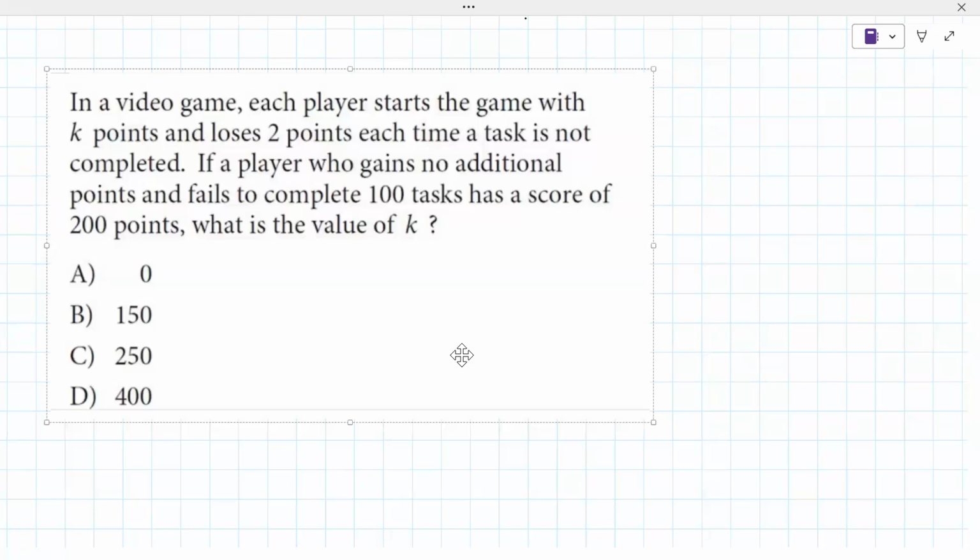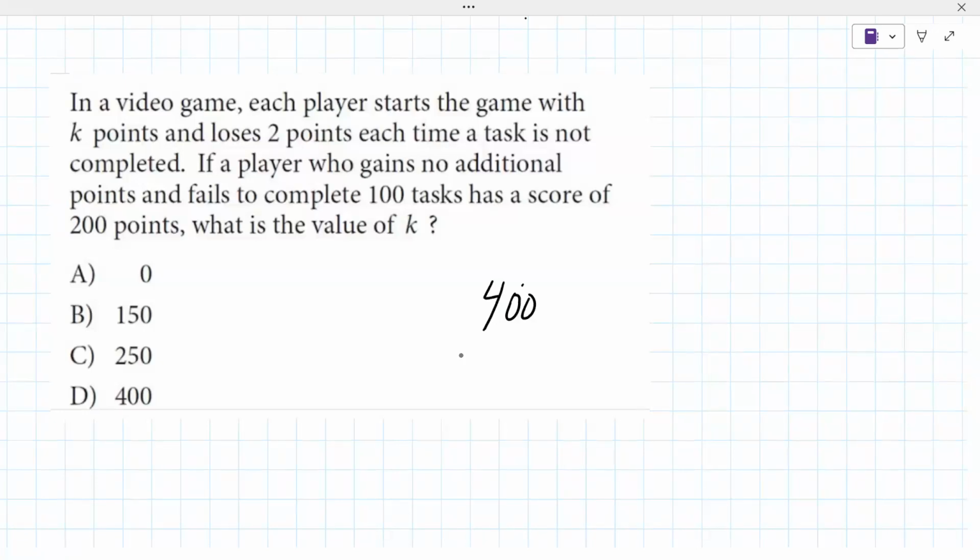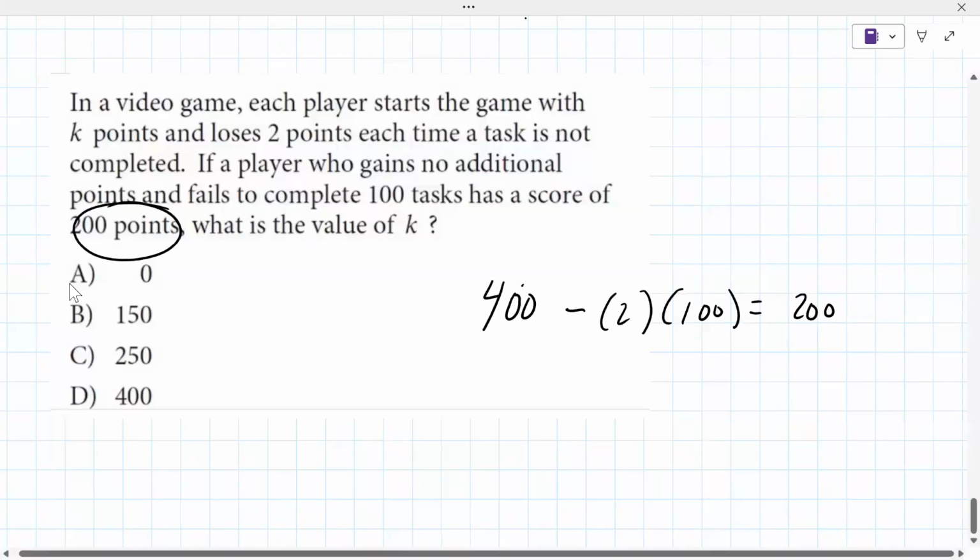Is it d? Okay, so if players start out with 400 and they fail to complete 100 tasks and they lose 2 points, that would leave them with 200. So yes. And these are linear scenarios.